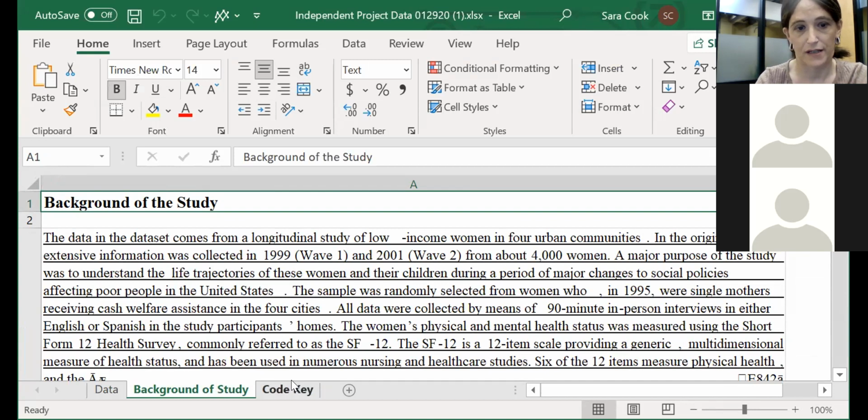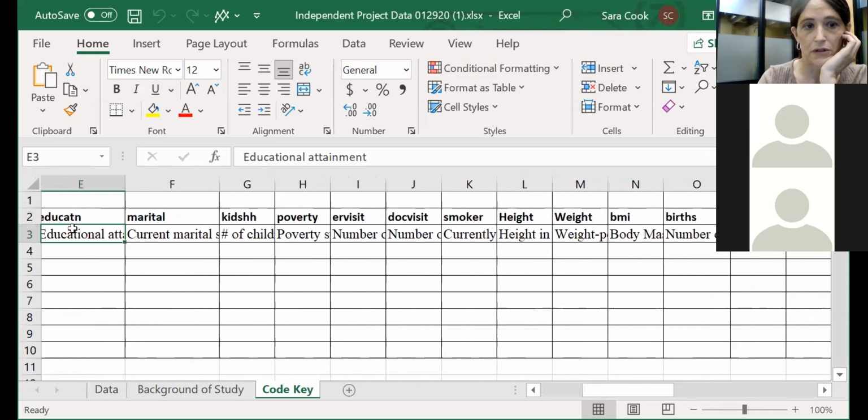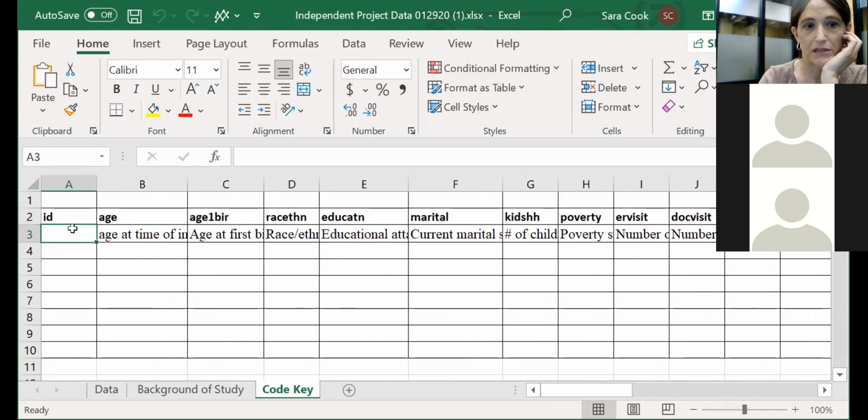That's nice to know where the data came from. But then more importantly, or just as importantly, there's a code key, which tells you what each variable means. And you could set it up this way, which is a little awkward because it's wide and hard to print, but it's nice because it replicates exactly what's in the data set.